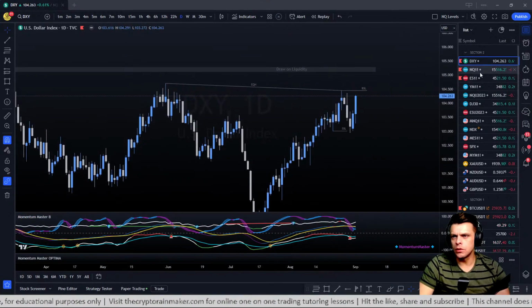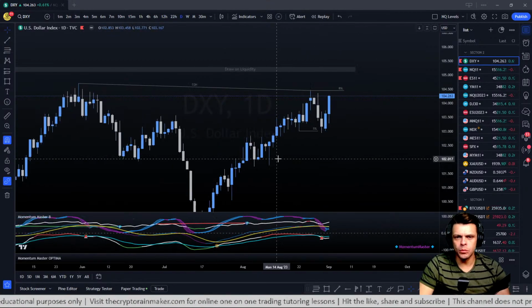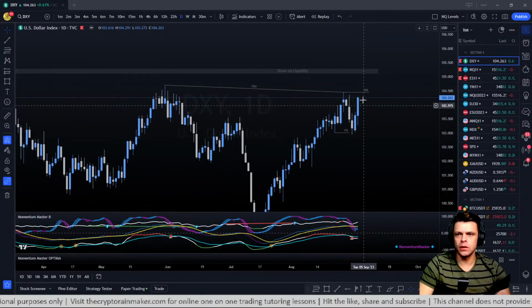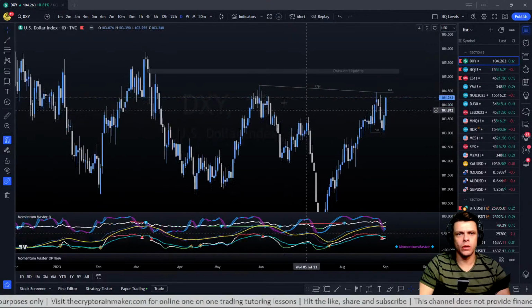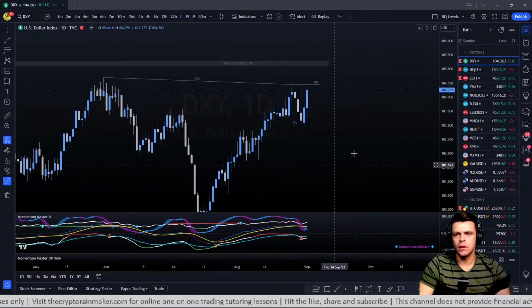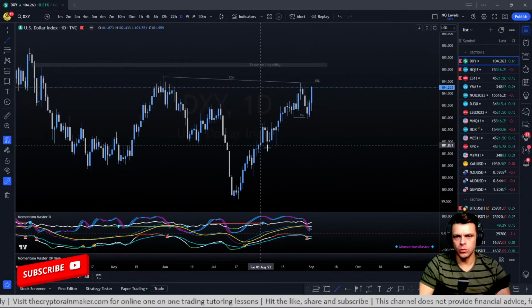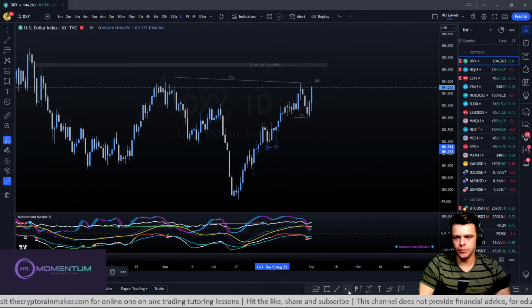So let's have a closer look at the Nasdaq. Just one thing that I want to point out before we go to the Nasdaq is that I see the dollar taking out these highs, knocking out the liquidity, potentially closing this volume imbalance, and then coming down towards these relative equal lows.